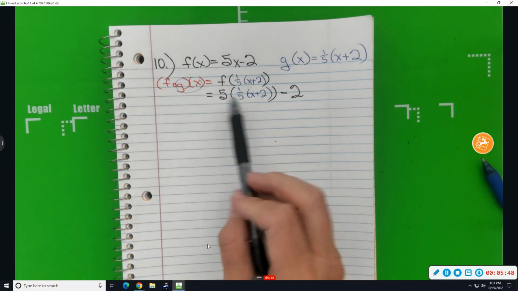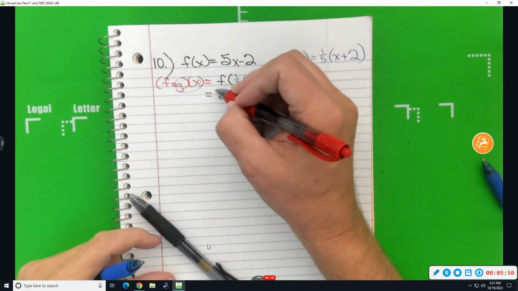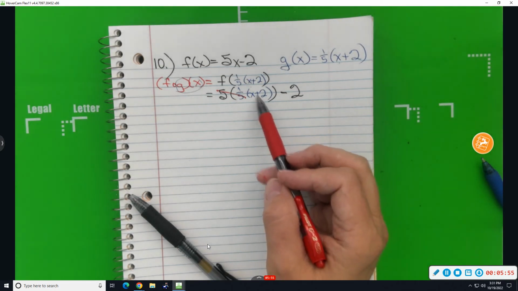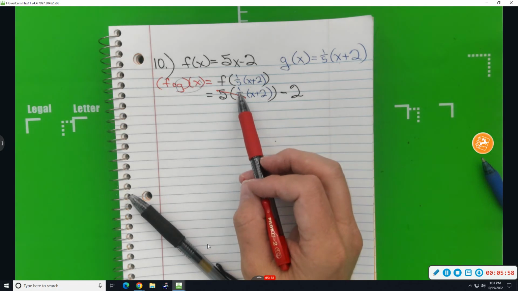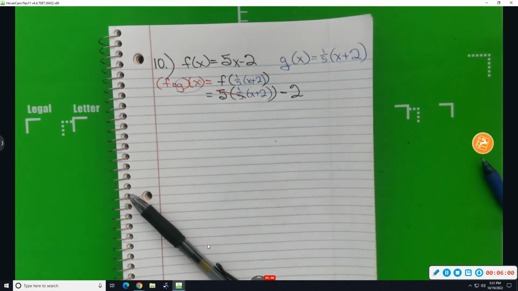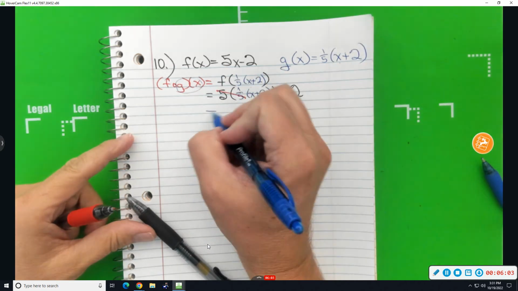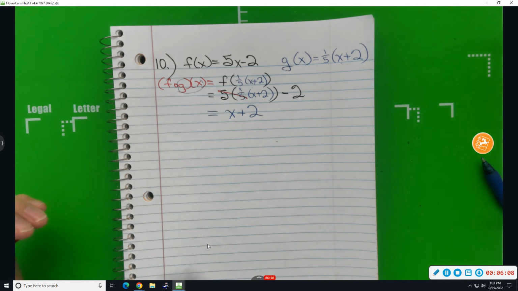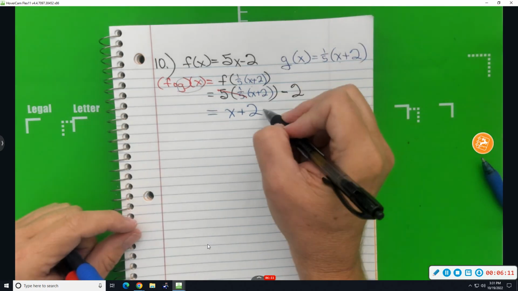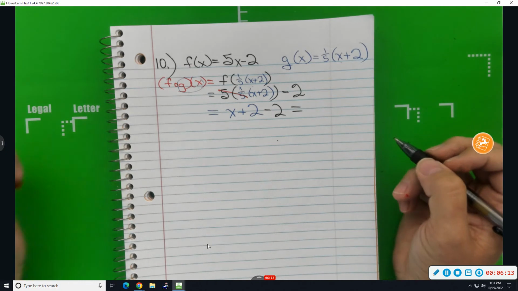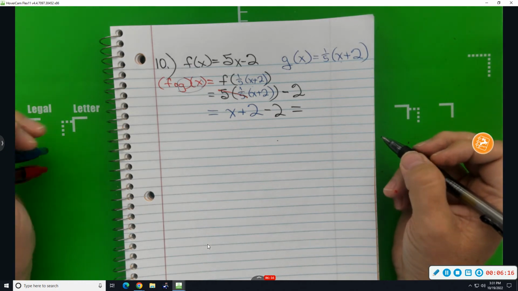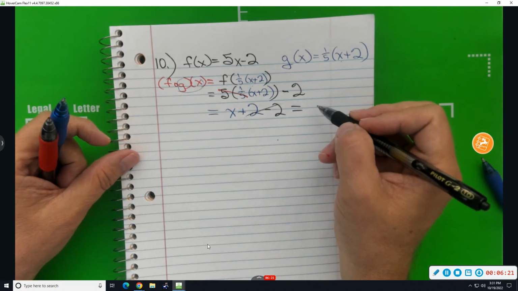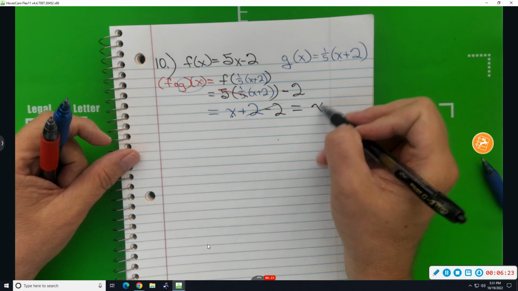I think the 5's cancel out, don't they? The only thing we have to distribute over the x plus 2 is what? 1. That's not going to change anything. That's just going to stay x plus 2. And we still have what? That minus 2 stuck on there. Oh, that works out nicely. The 2 minus 2 subtracts out, leaving us with just the variable x.